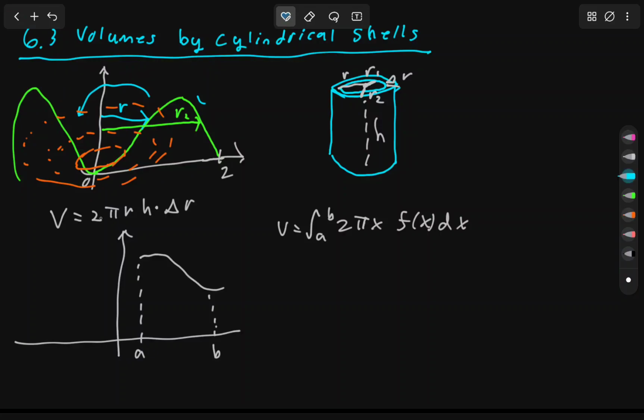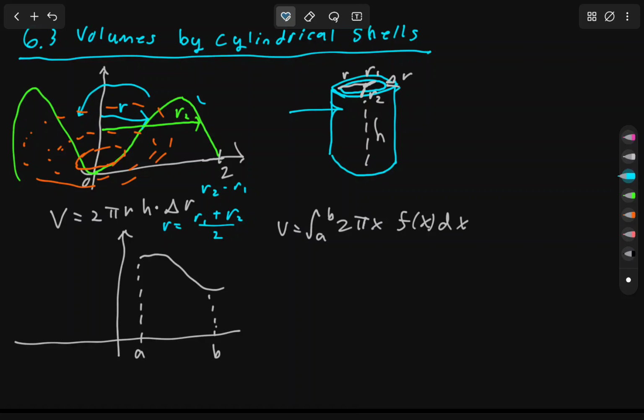As I said, this is going to look like this formula here, where r is equal to r1 plus r2 divided by 2. In other words, it's the average distance. You can see that this is going off of this example up here. The change in r is r2 minus r1, and the height is just the height of this cylinder.